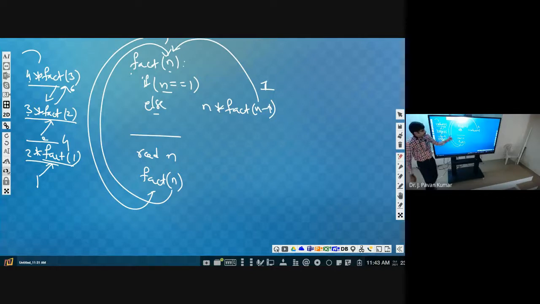Try to understand. Fact of 3, we are calling from this function. Okay, this is a function, let us say. From this we are calling another one. From this again we are calling another one. Understand? So from where we have called, to that only it will come back. Like I have given you some task to call someone from the ground floor.